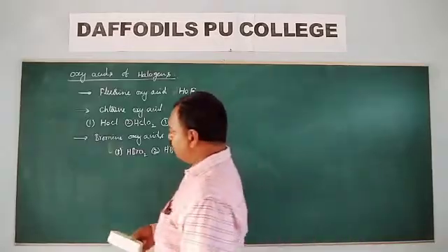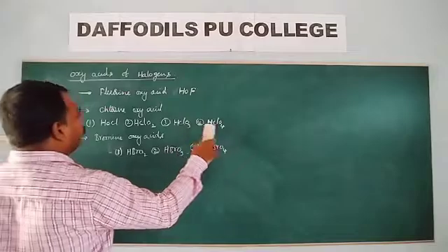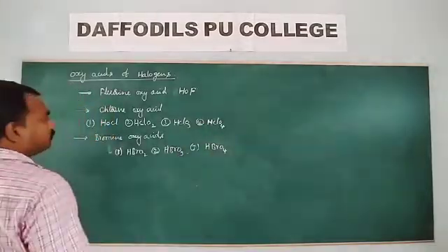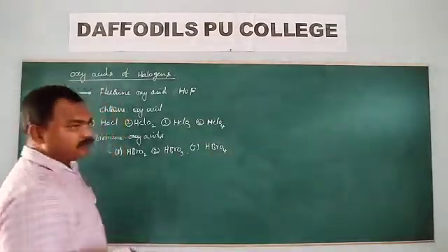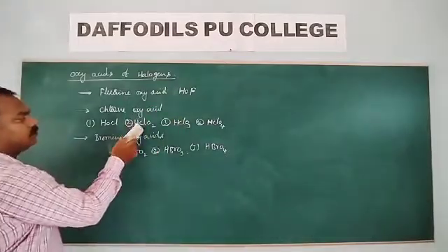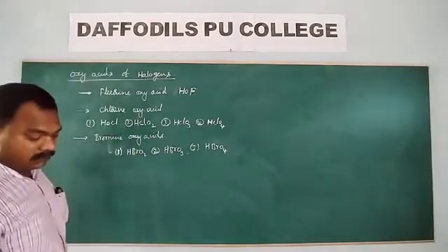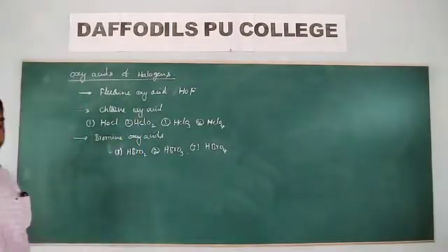Now we are going to look at all these, especially the chlorine oxyacids. Among these oxyacids, the most acidic one is the chlorine oxyacid. This is unstable. So the most acidic oxyacid is this one.